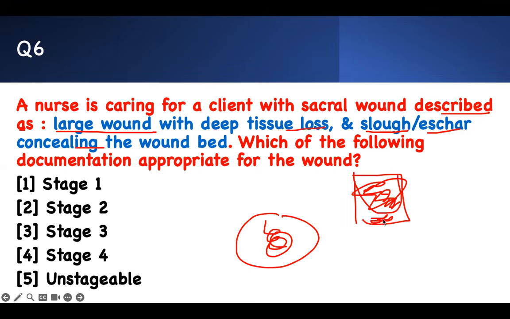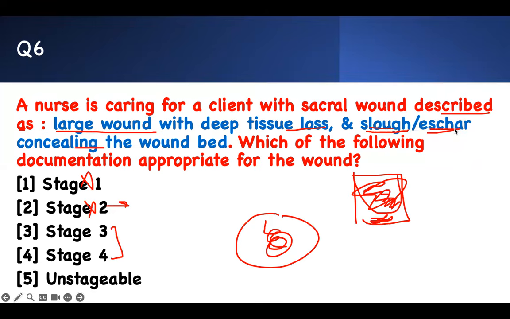You see what this is when you're taking tests, you're breaking it down so you don't have to guess. Which of the following should be appropriate? Test taking skills. If I have a deep tissue wound, why would it be stage 1? Stage 1 is like sunburn. This is also a partial wound. It's not deep, okay? So it's not deep. 3 and 4, yeah, they're deep, but they don't have what?